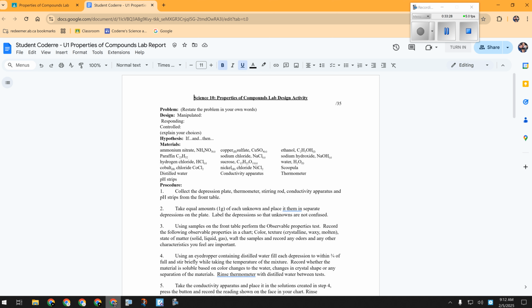In this experiment, here's how this is going to go. You are going to have 11 or 12 unknown compounds. You are going to run the same battery of tests on each one.